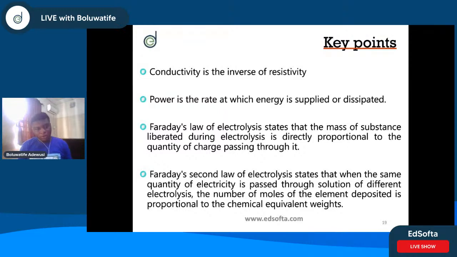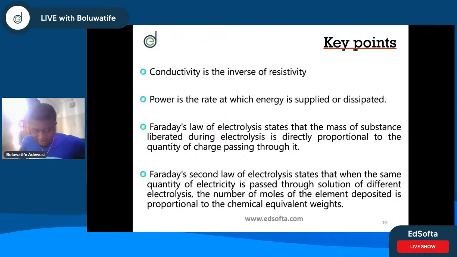So now, second law of Faraday says that what? When the same quantity of electricity is passed through solutions of different electrolytes, the number of moles of the element deposited is proportional to the chemical equivalent weight.